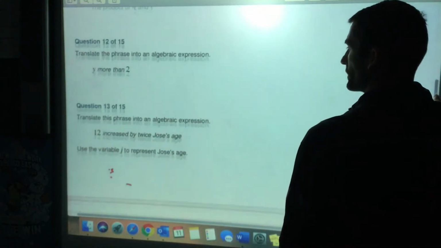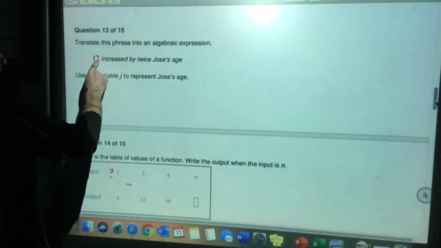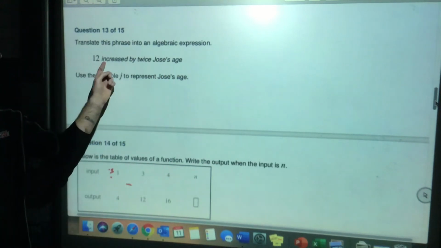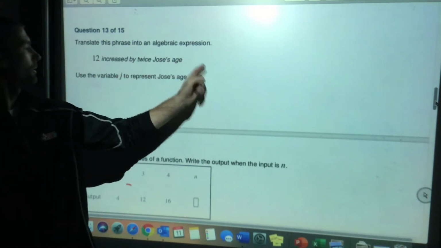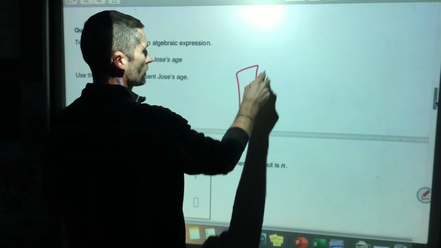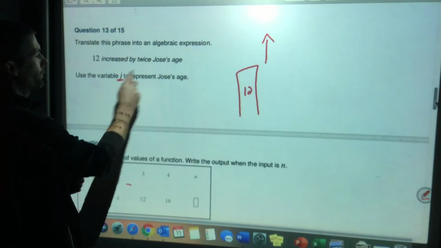Number 13. Translate this into an algebraic expression: 12 increased by twice Jose's age. So we're starting with 12, and we're increasing it, so we're going up twice Jose's age. Use j for Jose's age.